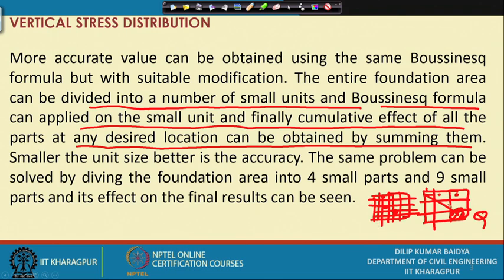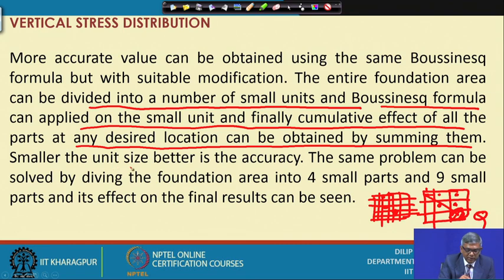Like that I can find the distance of the desired point from the point of application of the load, then apply the Boussinesq formula again and again, and finally sum it to get the stress because of the entire loading area. That is what we will try to show here.